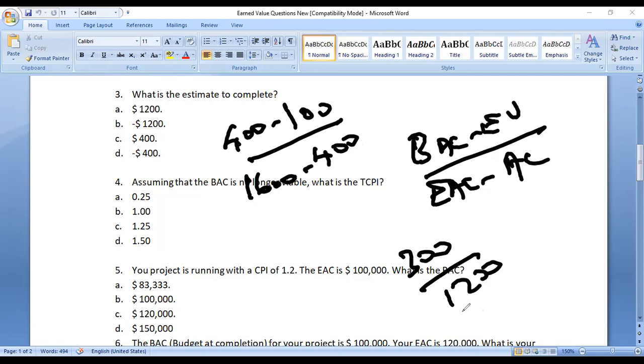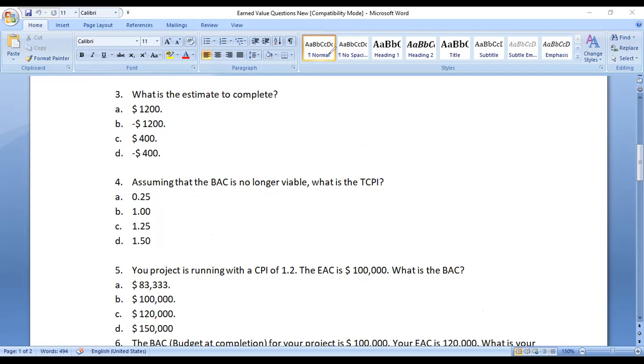What is the answer? 0.25. So everyone is getting 0.25, and that's your answer for the fourth one.